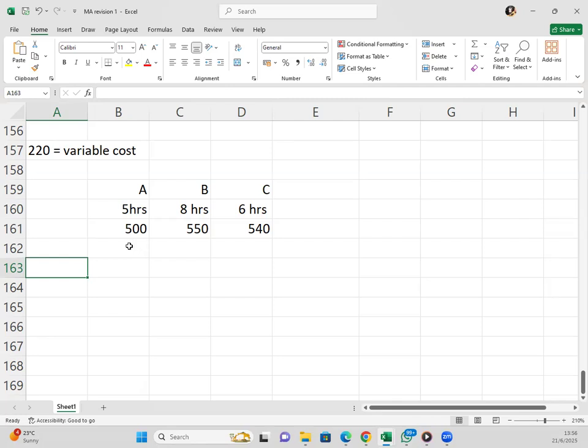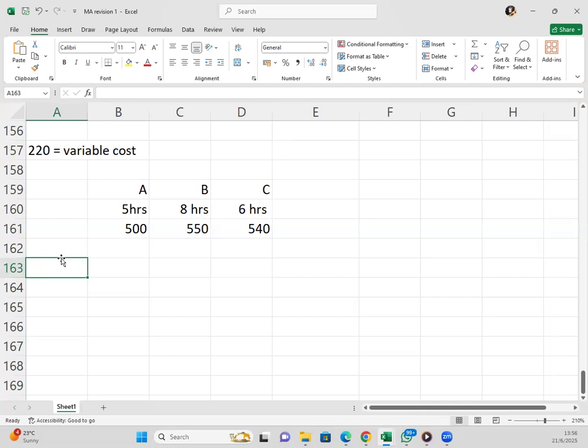So the issue is the hours are limited, so they're actually a limiting factor. If you're faced with a limiting factor, you need to make the decision of sacrifice. Let's assume A, B, and C are products. You would choose a product which is giving you a higher return per limiting factor.